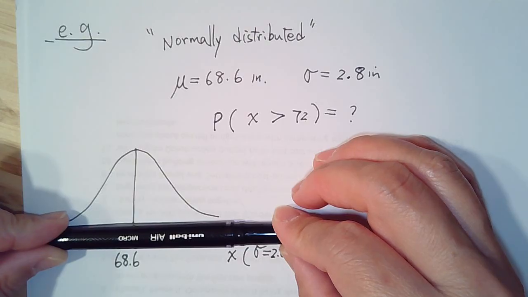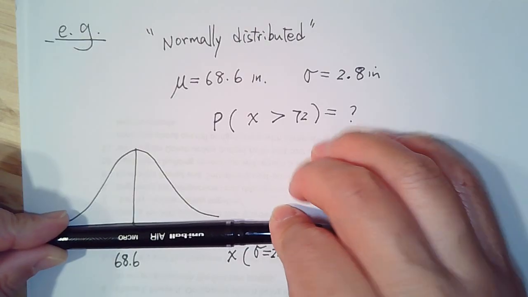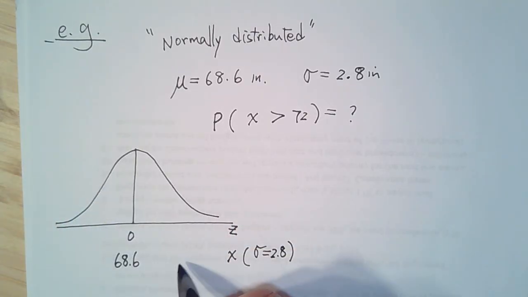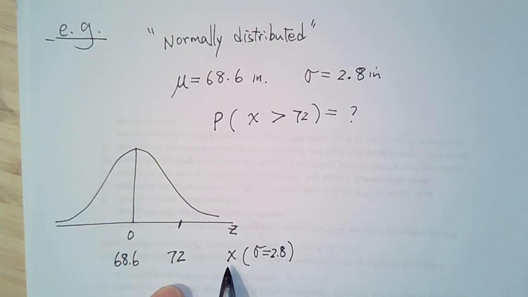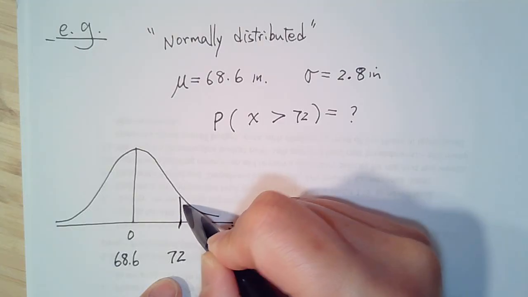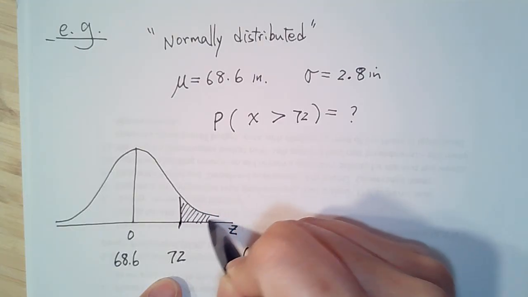Compare that with the 68.6. 72 is to the right. So somewhere got to be here, 72. I don't really care about whether you draw the point here or here, as long as you show me it's to the right. They're looking for the probability that x is greater than 72. So they are asking for this area.